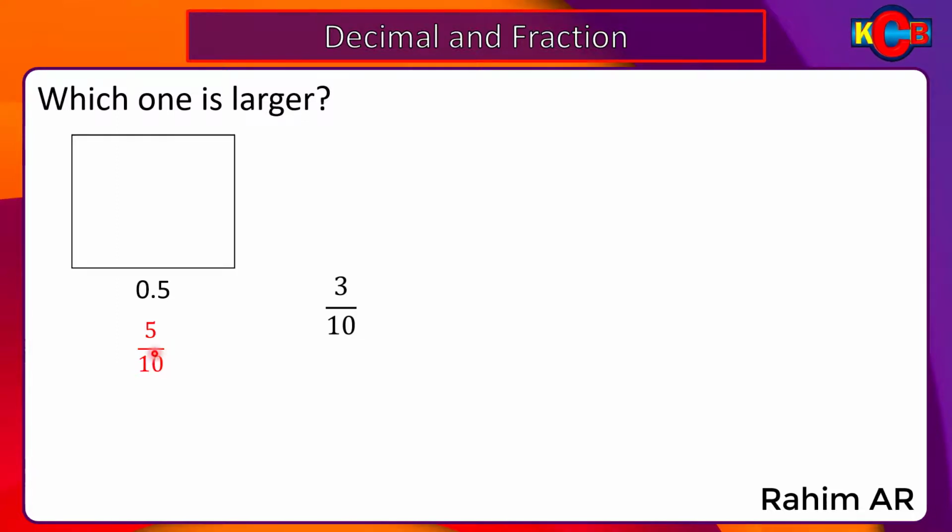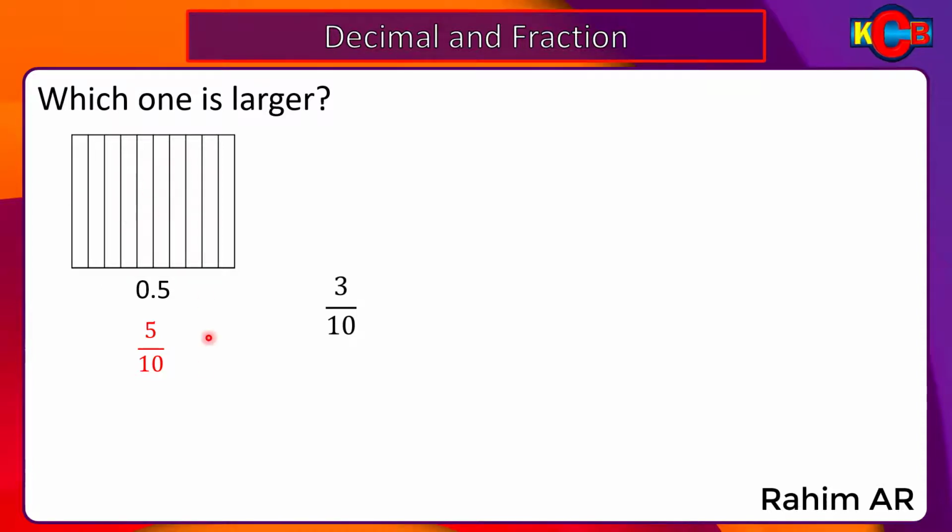Then, we shade a square based on the fraction we get. Here we have 5 tenths. Therefore, out of 10 equal parts, we shade 5. 1, 2, 3, 4, 5.